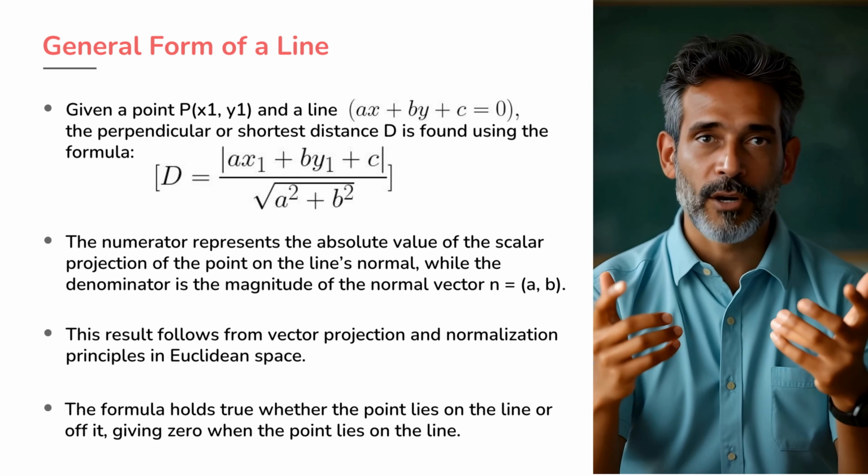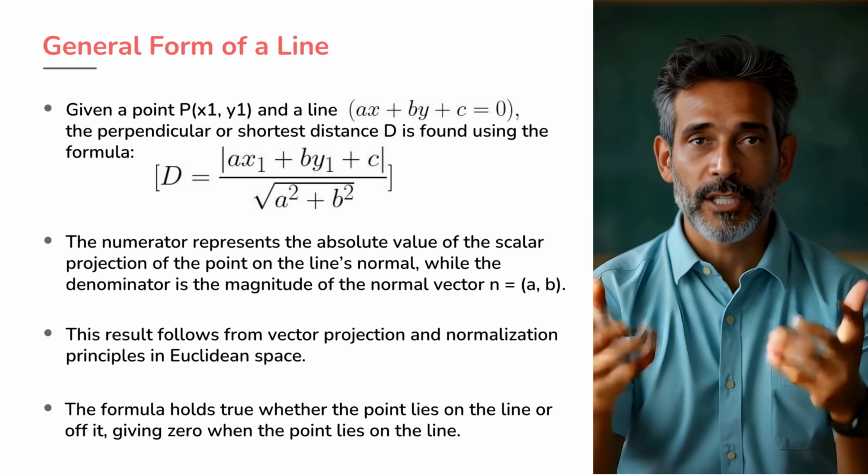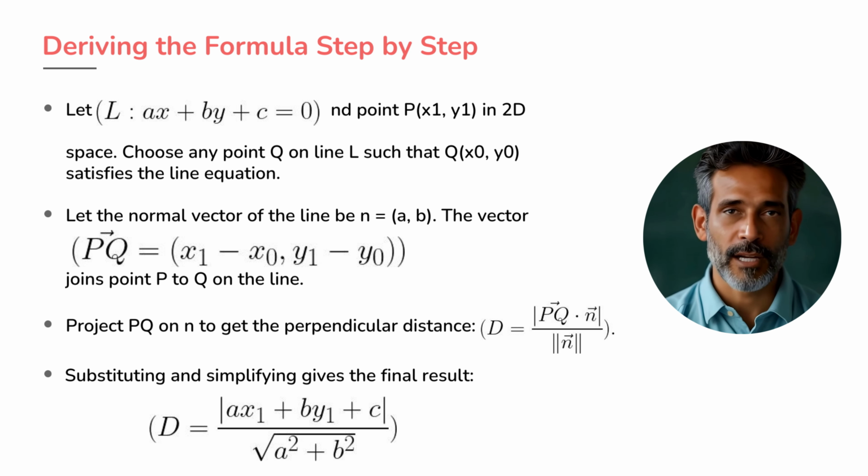If the point lies on the line, then ax1 + by1 + c = 0 and the distance comes out to be 0. Let the line L be written as ax + by + c = 0, and let the point P be at coordinates (x1, y1) in two-dimensional space. Now, choose any point Q on the line such that Q, with coordinates (x0, y0), satisfies the line equation.